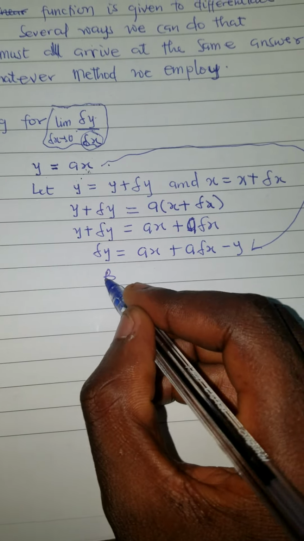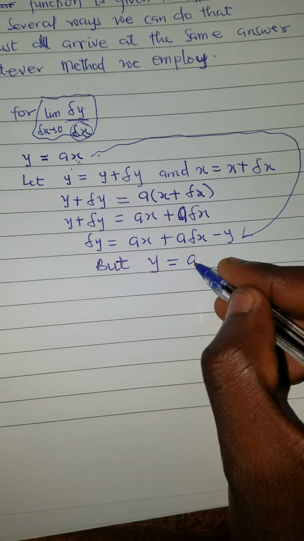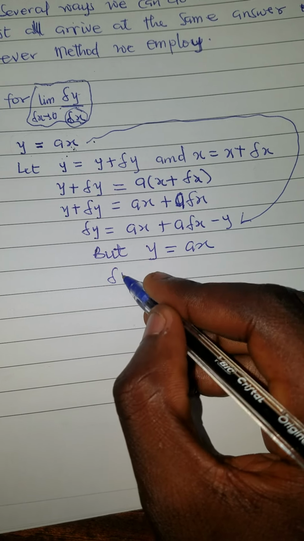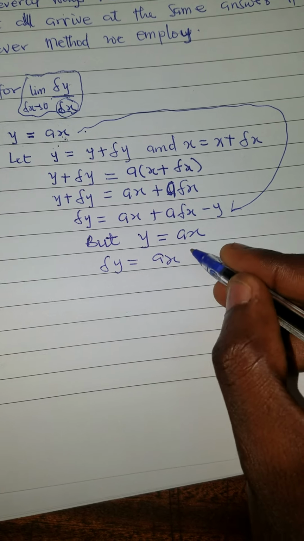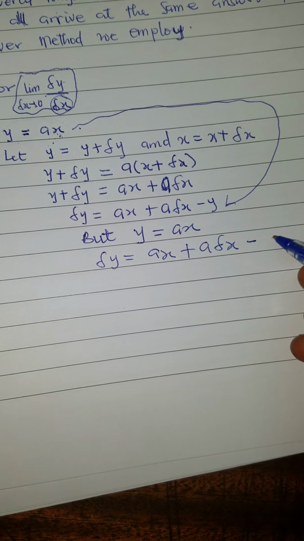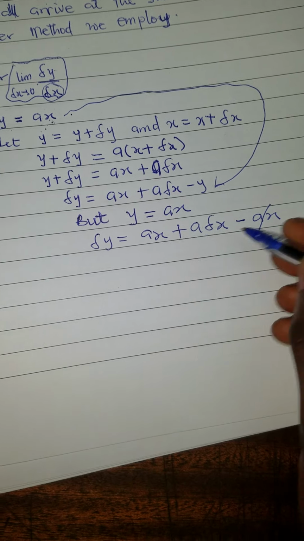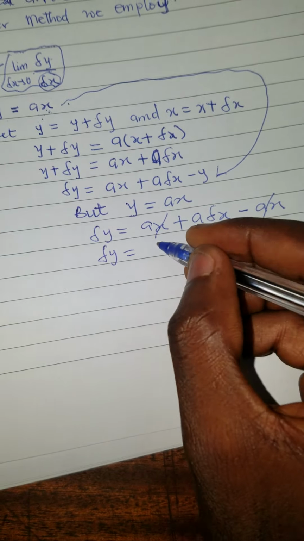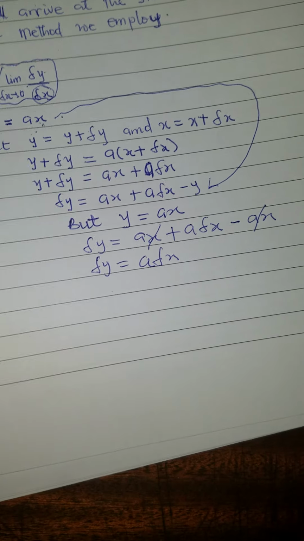So you substitute that: change of y is equal to a(x plus change of x) minus ax. Now we realize that this ax will cancel this one, leaving change of y equal to a change of x.